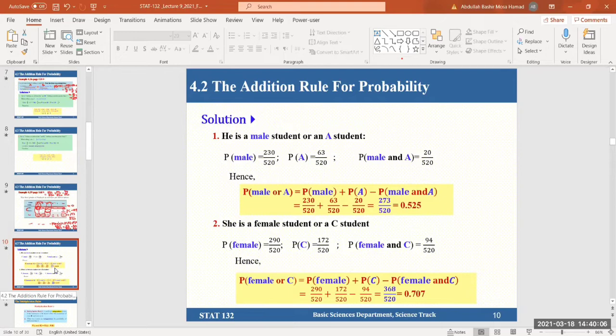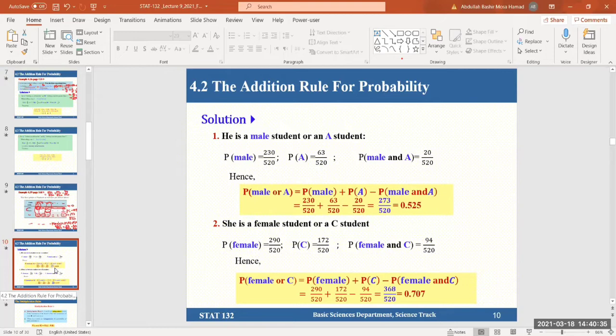If we select one student, the student cannot be male and female at the same time. Right? A student cannot get two grades in one subject. You cannot get A plus and B in statistics. No. So we call this a disjoint event. Disjoint means no intersections. We already discussed this, right?